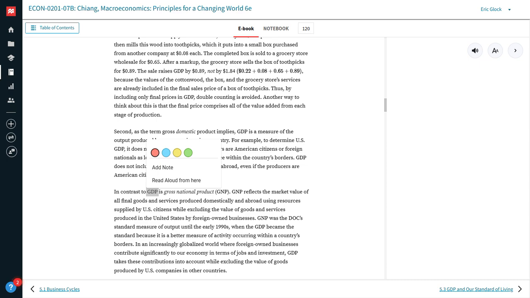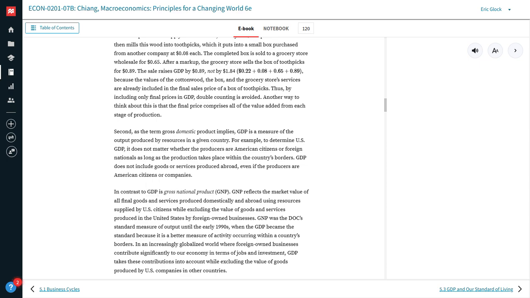So if I own a wool interest in New Zealand and I make a lot of money off of that wool, then that does not count as GDP. Even if it's my name, that's the difference between GDP and GNP.